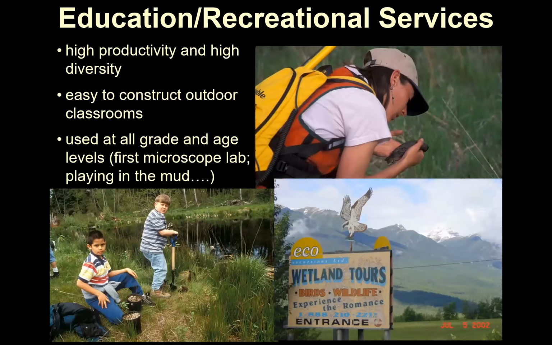And then of course we educate ourselves and we recreate in wetlands. These are just really excellent places for teaching folks about why wetlands are important, what wetlands do, and all the various adaptations that animals and plants have for living in those wet and oxygen-poor environments.